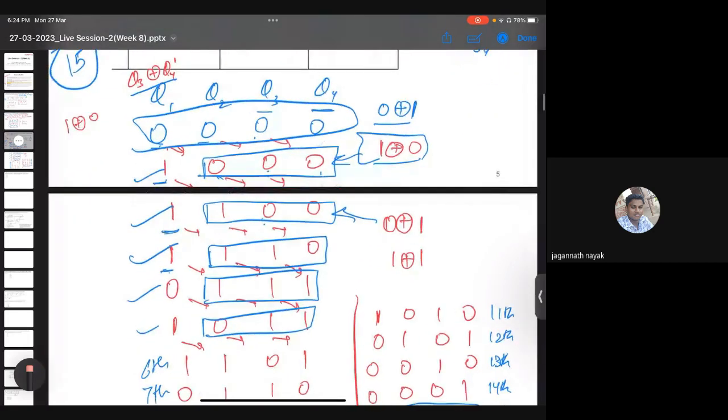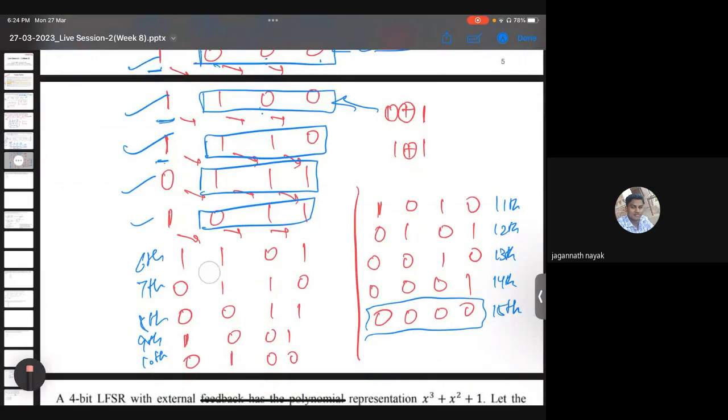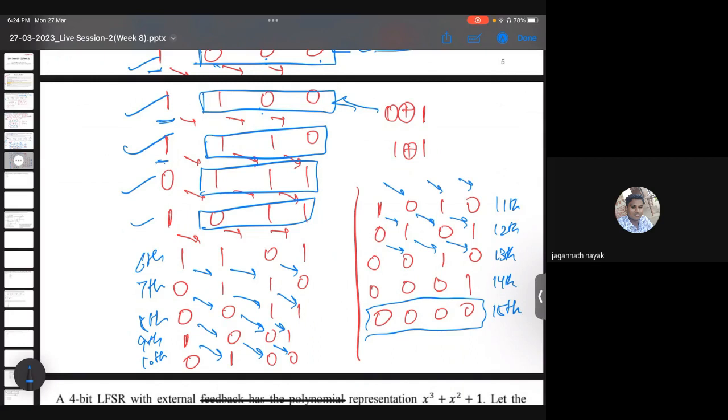Then let me, you just need to see this. This is the main point. Then the zero and zero is here. Is it fine?